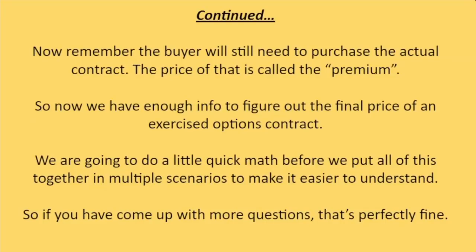Now we have enough info to figure out the final price of an exercised options contract, because we know that if we take the strike price and the premium and add them together for our break-even price, it's also the final price of an exercised contract.